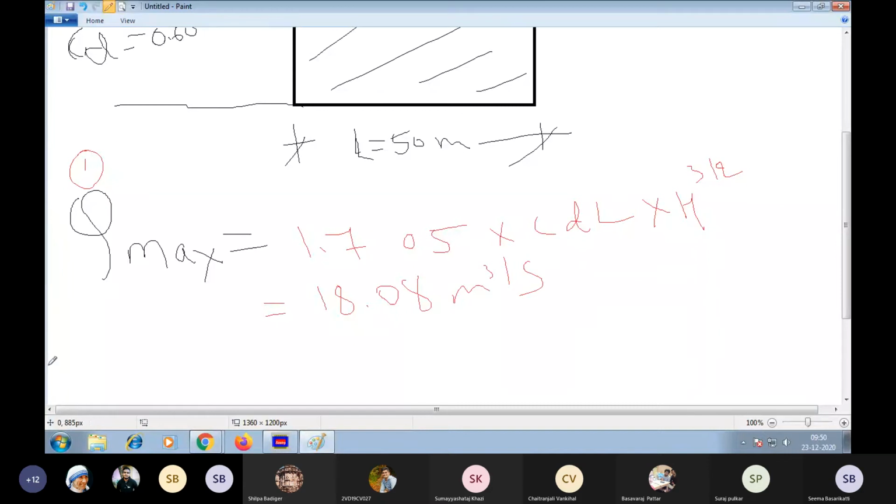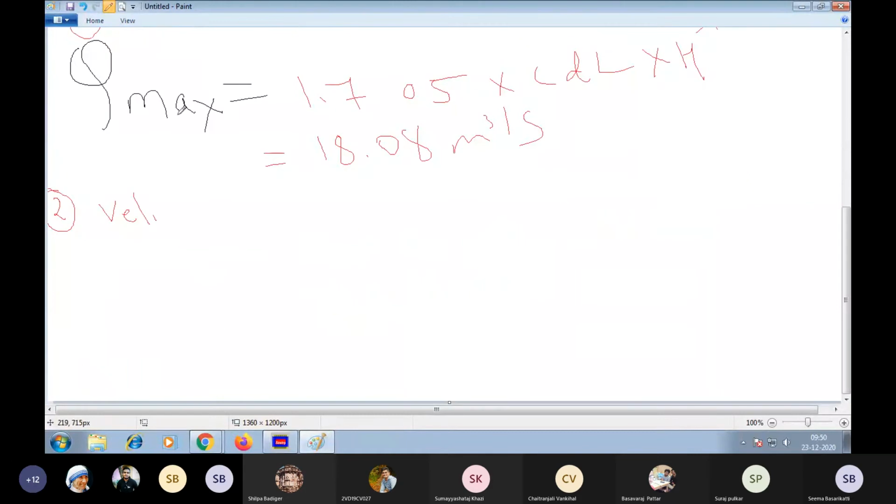This is the first case. In the second case, you have to consider the velocity of approach and calculate the maximum discharge. Which equation are you going to take to calculate the velocity of approach?